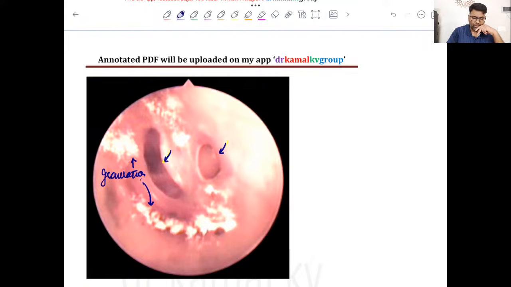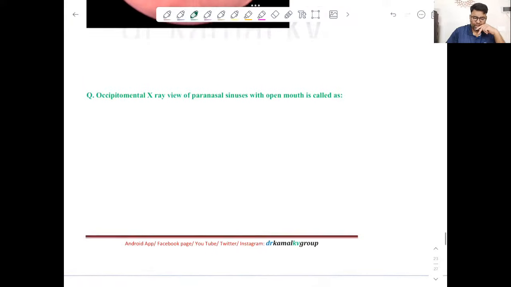These are perforations, and then you can see the pale granulation, the classical otoscopic finding of tubercular otitis media. Okay, so this is tubercular otitis media. Fine. Chalo. Next question.